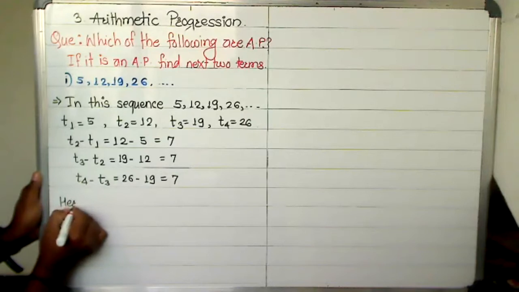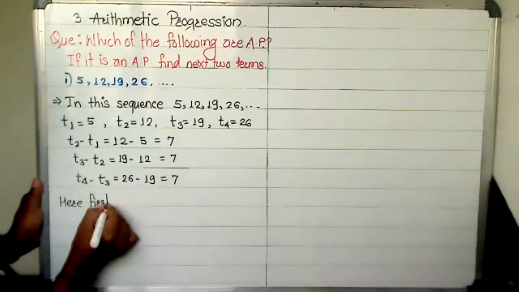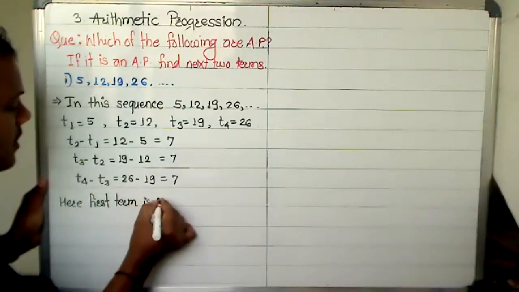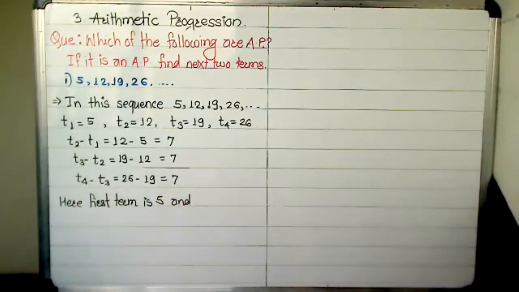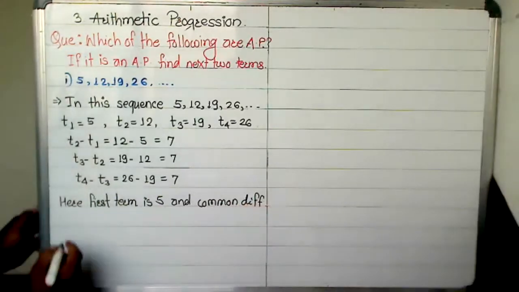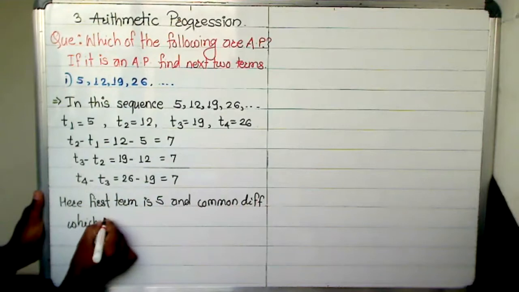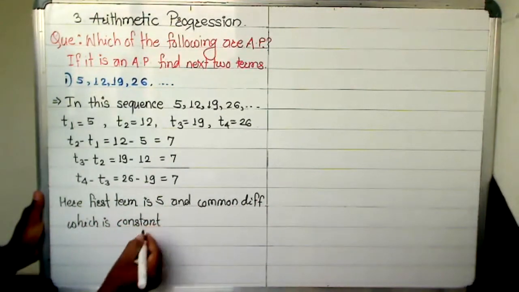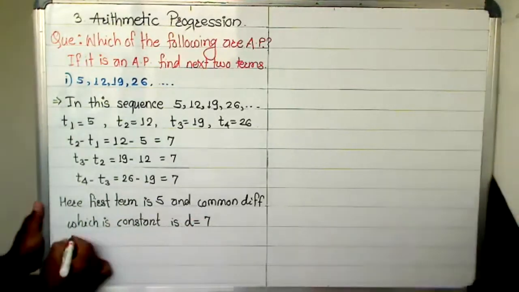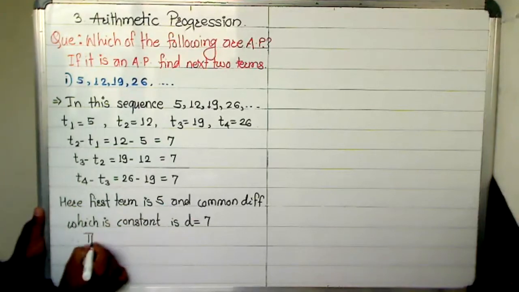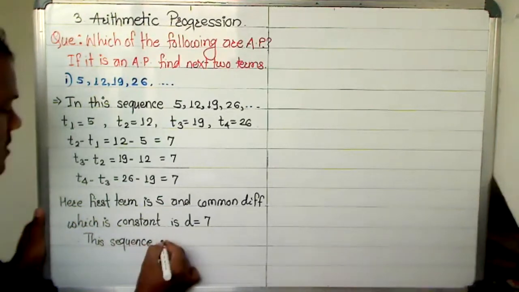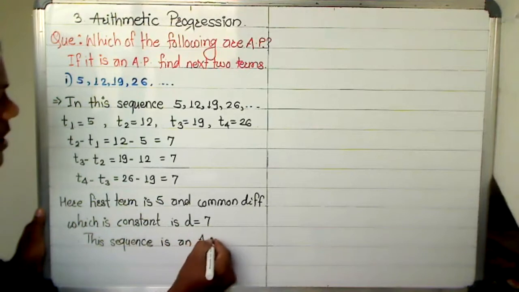Here, the first term is 5 and the common difference, which is constant, is d equals 7. Therefore, the given sequence is an AP.